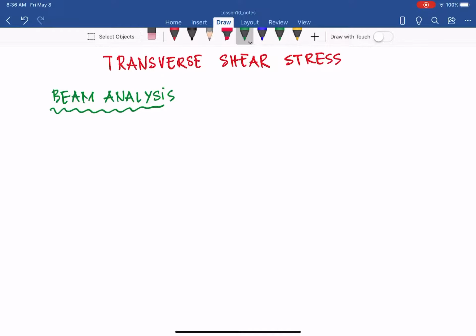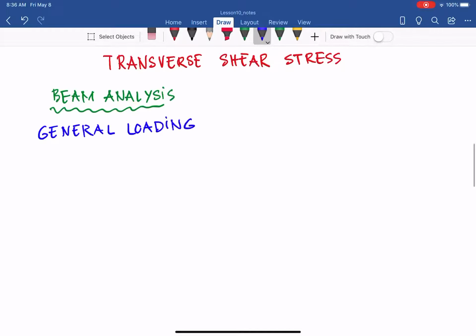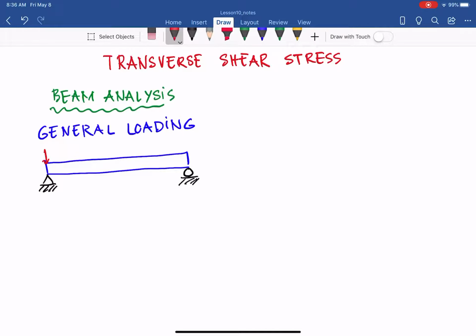So let's take a general loading for a beam. Assume a beam with a pin on one end and a roller on the other end, with any random distributed load on that member.